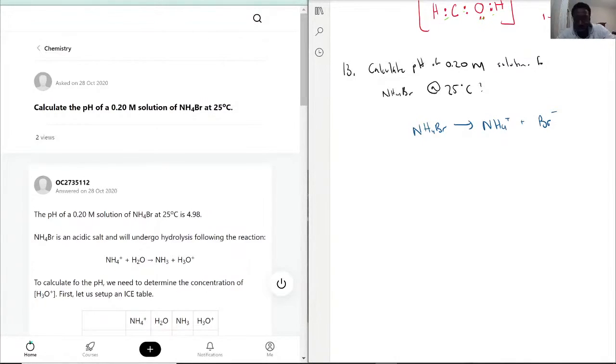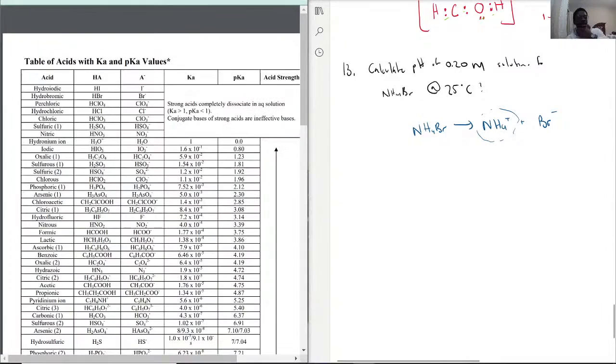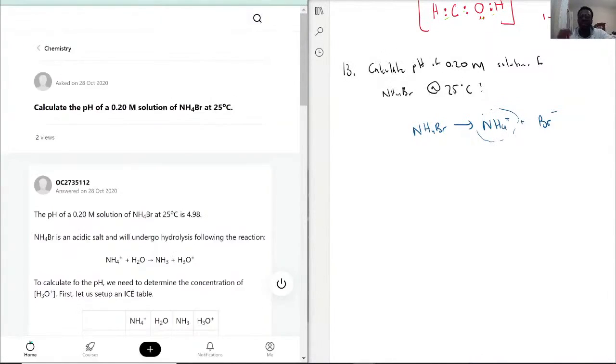So with that being said, we can now focus on this NH4 plus part, because, as we last checked in the acid sheet, HBr, hydrobromic acid, is a strong acid, so it's not going to want to form again. You won't see it try to make hydrogen or hydrobromic acid.